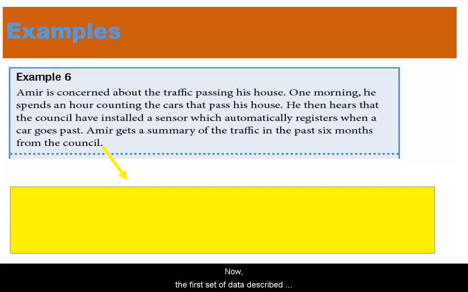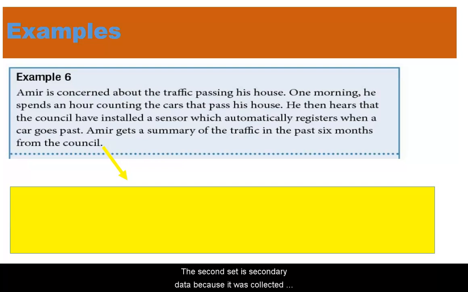Now, the first set of data described is primary data because Amma collected it himself, right?